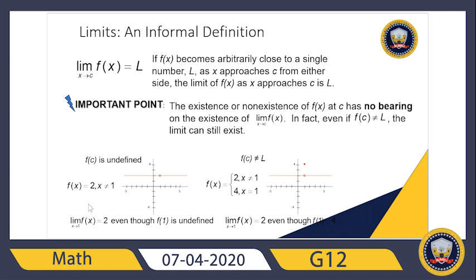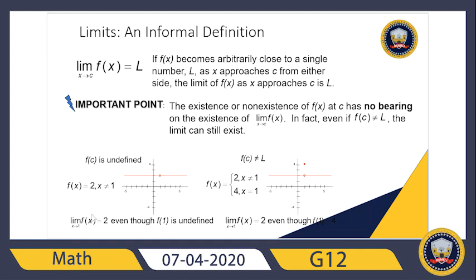But let's take the limit of this function. The limit of f(x) when x goes to 1, from the right or left, is 2. Why is it 2? Because look at the point exactly next to this open circle on the right: the value is 2. Look at the point on the left, exactly next to this open circle: it's 2.